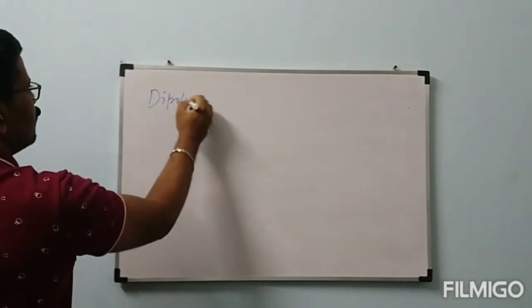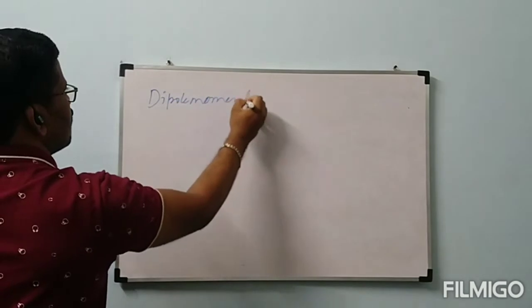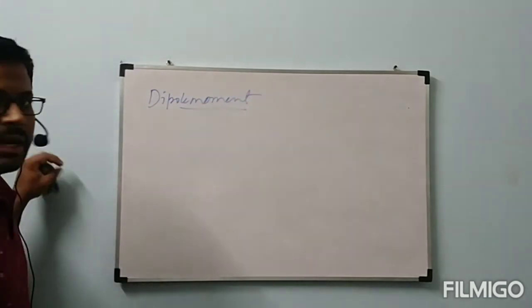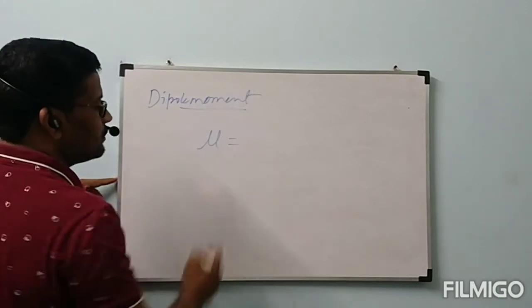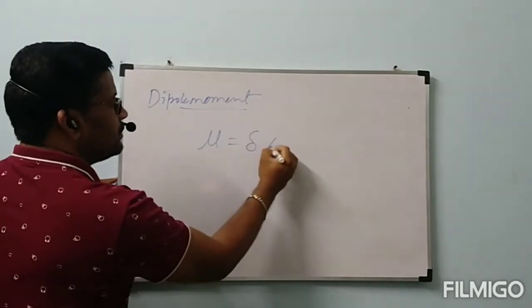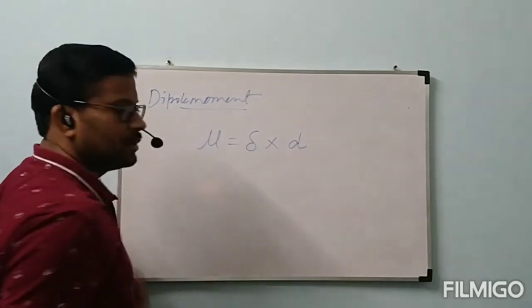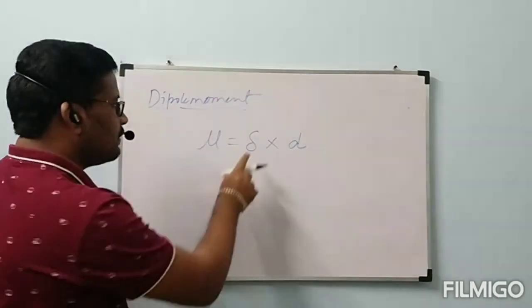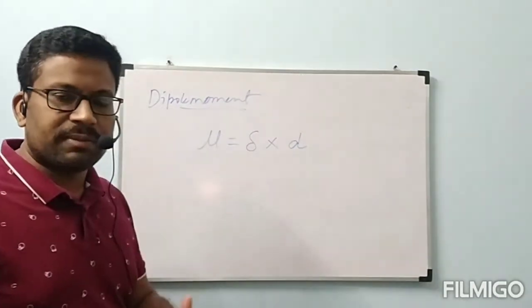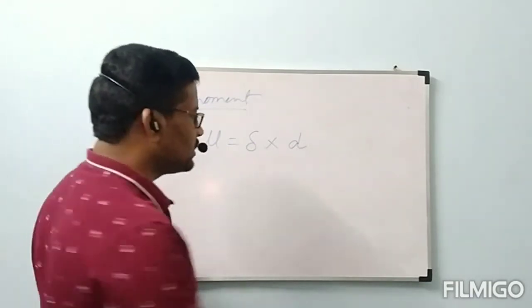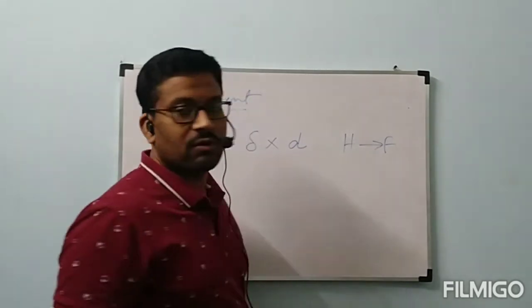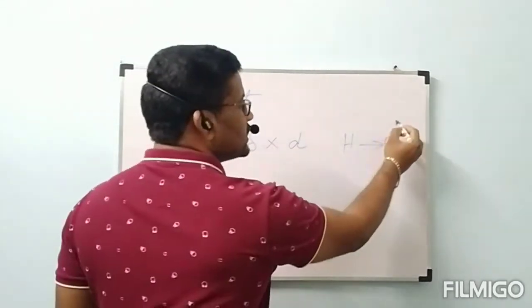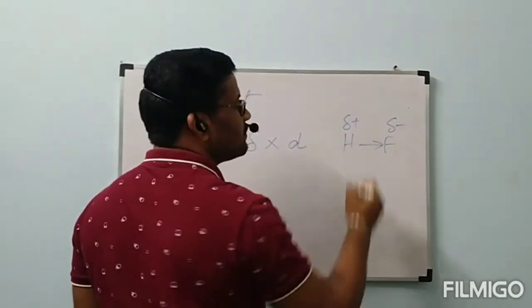Dipole moment. Dipole moment is represented by mu. Mu is equal to delta into d, where delta is the charge present on the particular atom. Suppose you have HF, because of the partial movement of the covalent bond towards fluorine, fluorine is getting partial negative and H is getting partial positive.